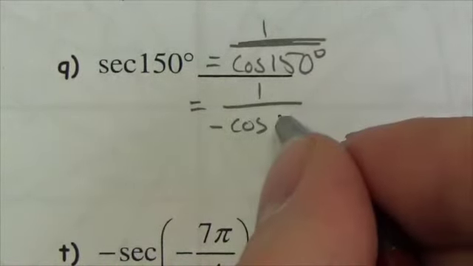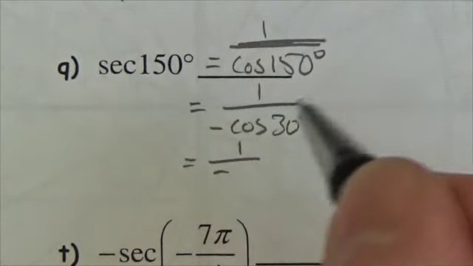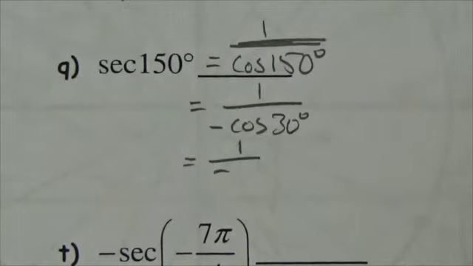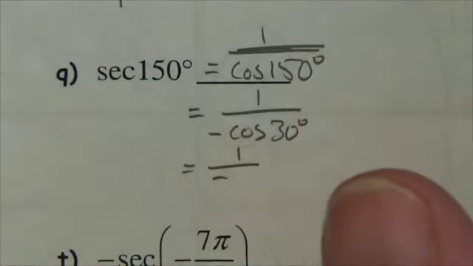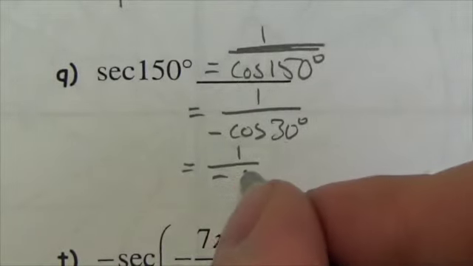Compare that to 180 because I'm in quadrant 2 and it's going to be 30 degrees. So this is 1 over negative, okay, what's the cosine of 30 degrees? Look at your unit circle, look at the x-coordinate. It's root 3 over 2.